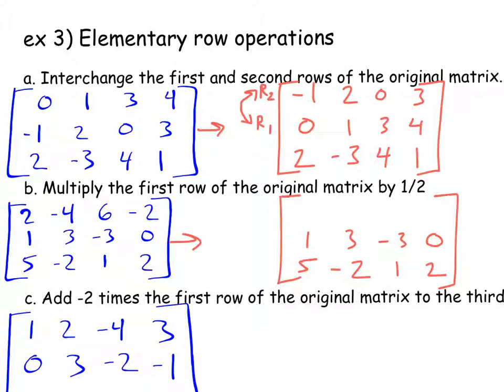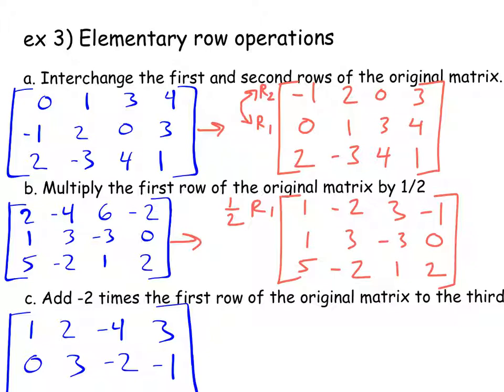Okay, 1/2 times R1, that notation tells me the row operation that went on is a row was multiplied by a constant. It was a half. So I took that first number of 2 and multiplied it by a half. -2, 3, and -1. Okay?